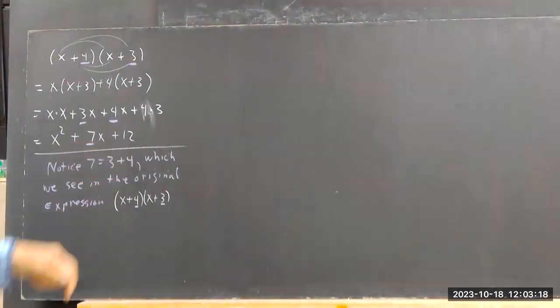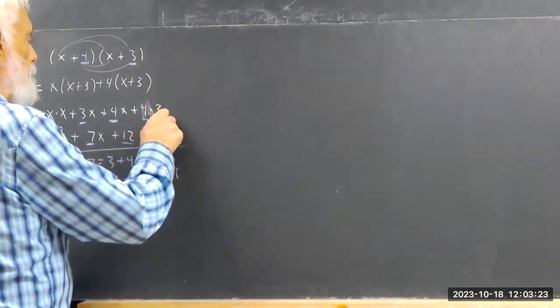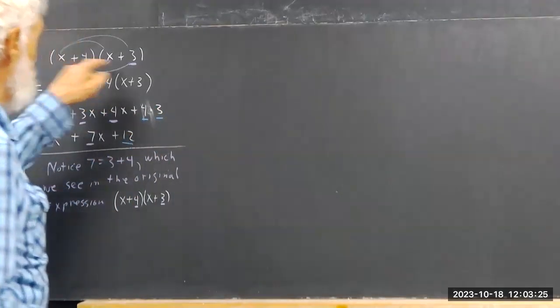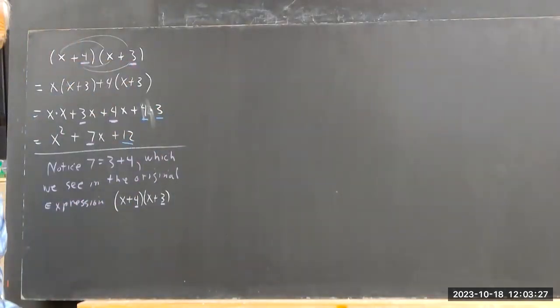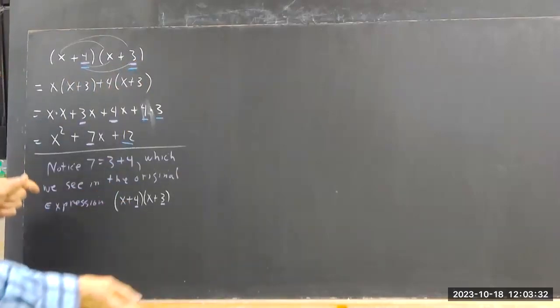And then where did the 12 come from? Well, the 12 came from the 4 times the 3. It came from the 3 and the 4. So the 12 came from the 4 and the 3, but we multiplied them.